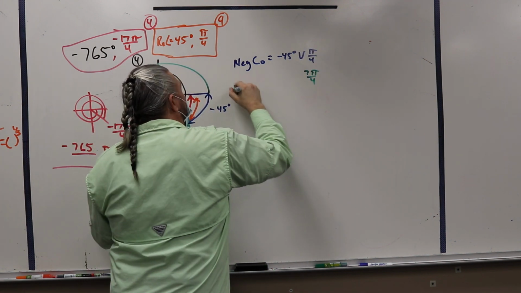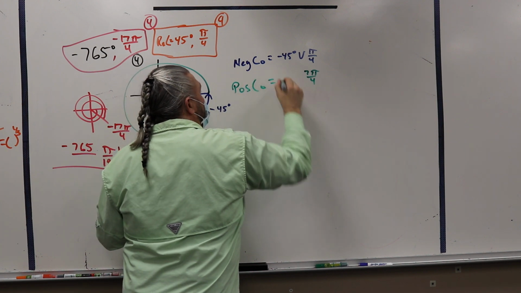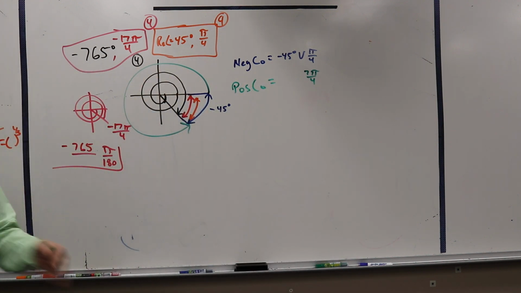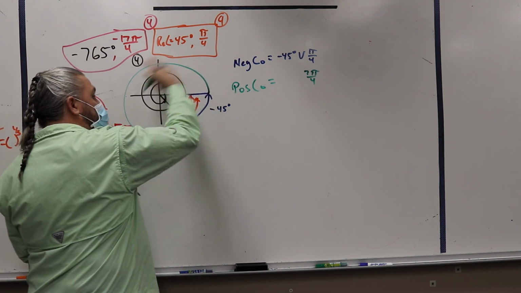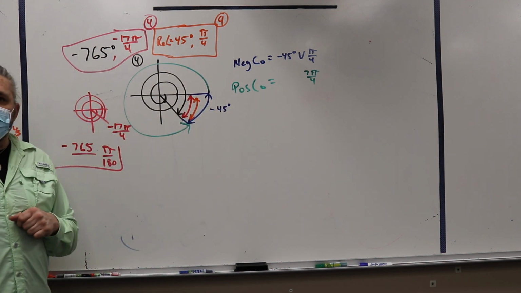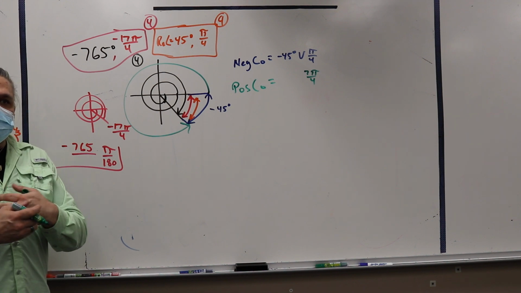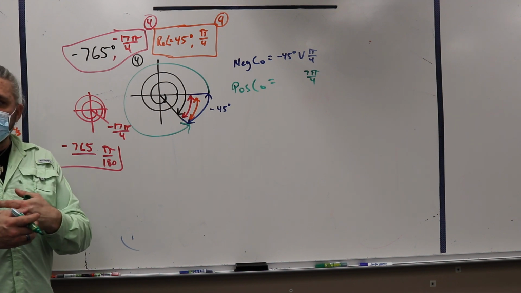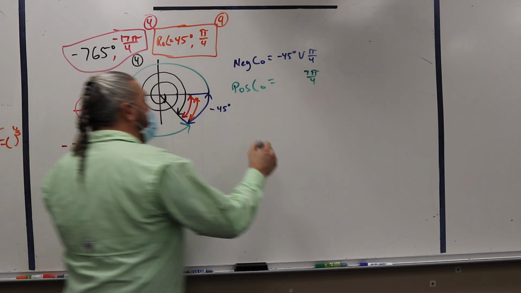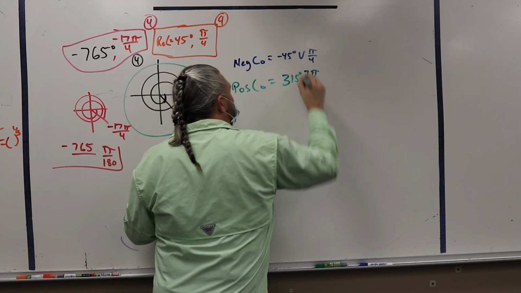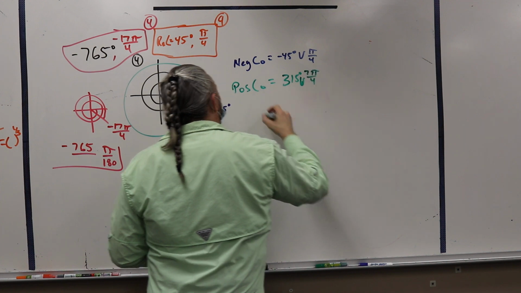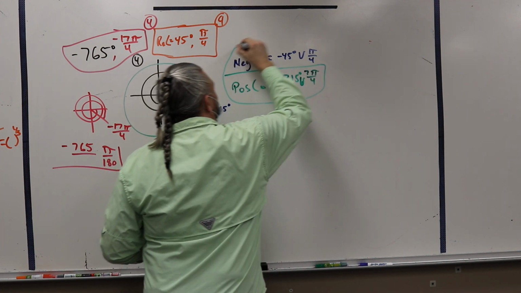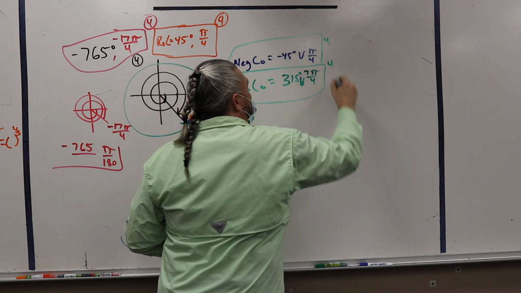And how many degrees would that be? 360 minus 45, so 315. So 315 degrees, there it is. So you have 4 points and 4 points.